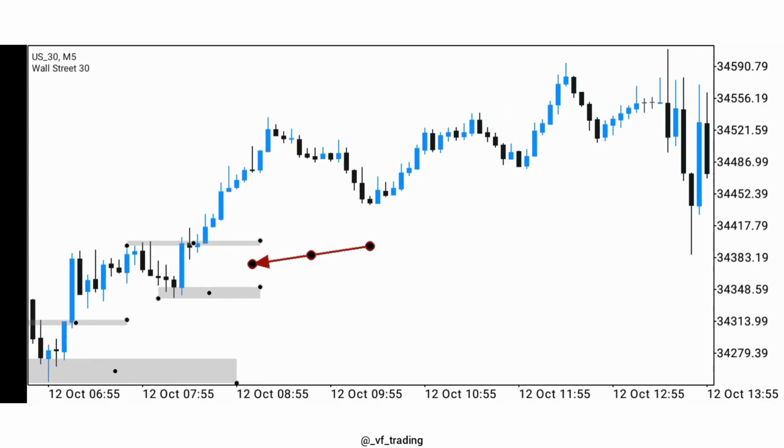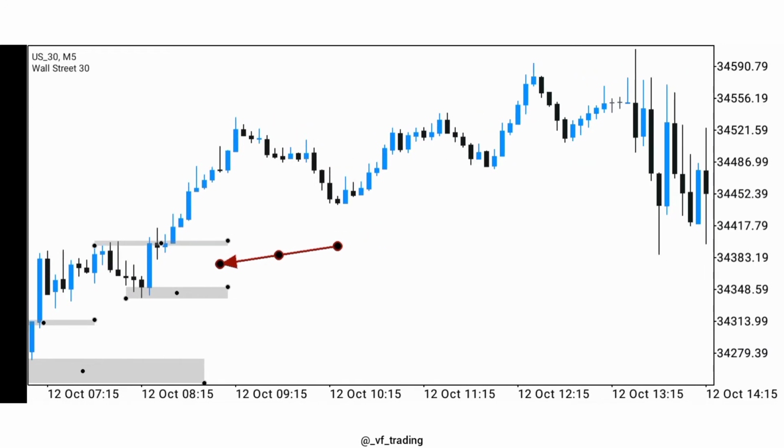There are tons of examples of bullish engulfing candles. Here we have a pullback. As price moved up, it pulled back to this area and gave us another bullish engulfing. This blue candle engulfs the previous black candle, which is bearish.